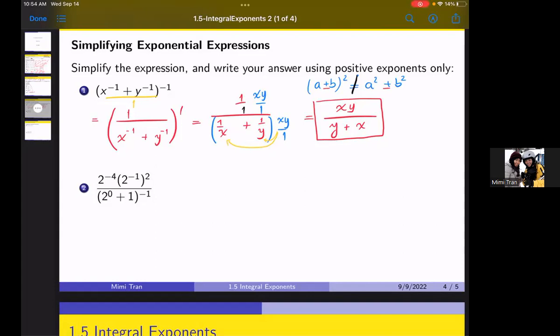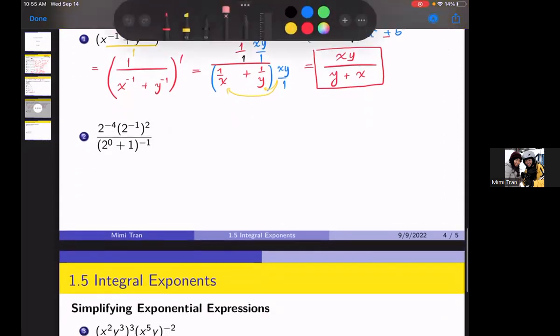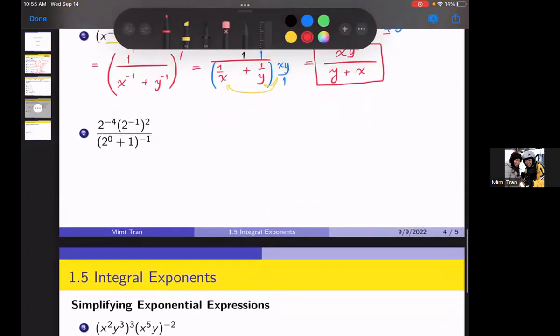Maybe I'll show you both. I'll show you the one you're supposed to know first, the one that we've been doing using the exponential rule. So for me, the easy part is the denominator. 2 to the 0 is 1, right? Anything to the 0 power is 1.